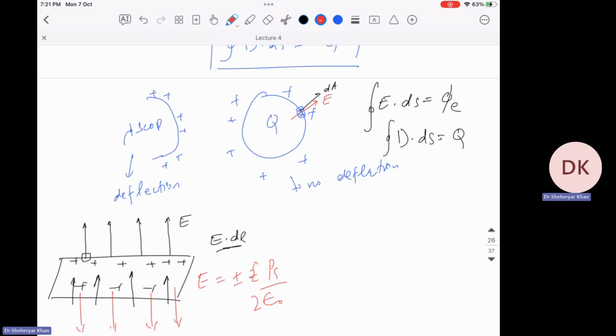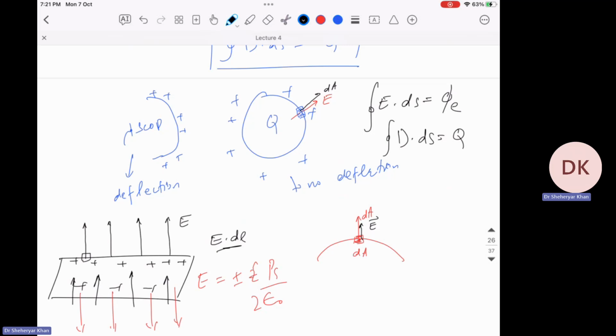Now if the surface is curved, then every curved surface has a small differential area dA. So this dA is in this direction, and electric field is also in this direction, right? So you take the dot product, E times area dot cos theta or cos 0, which is 1. That's how you will get the electric flux.